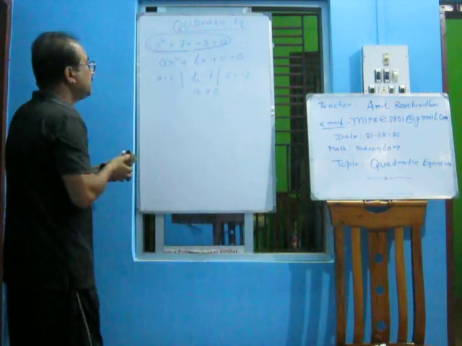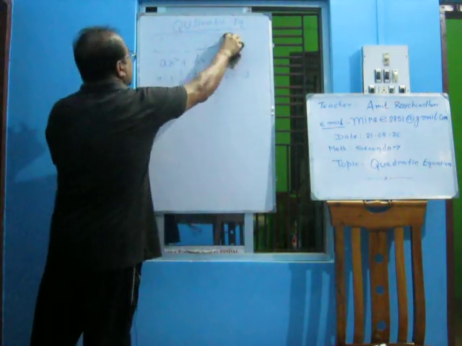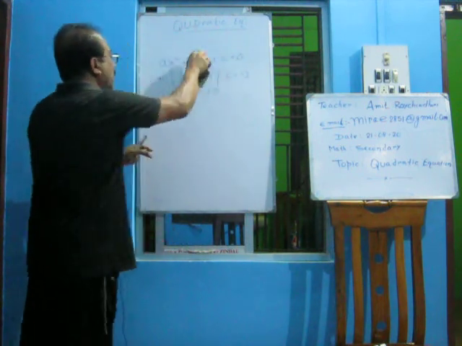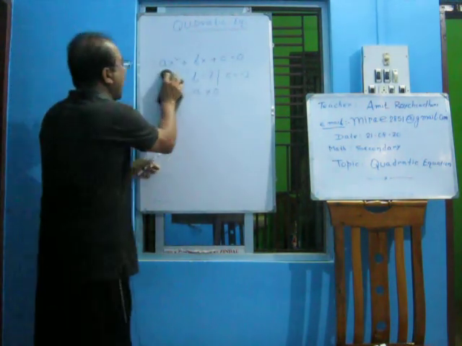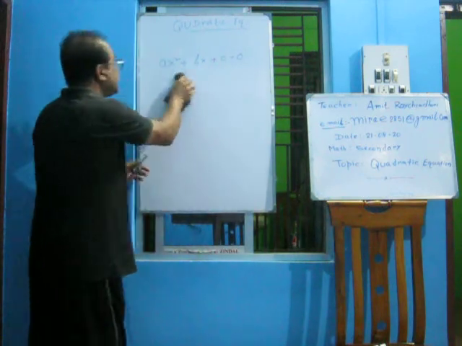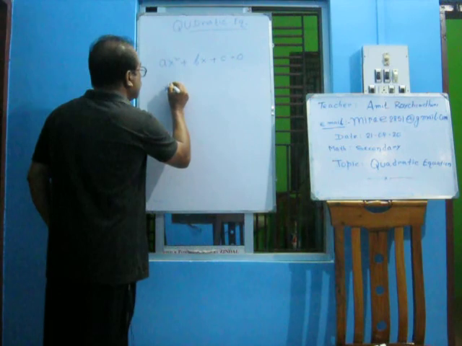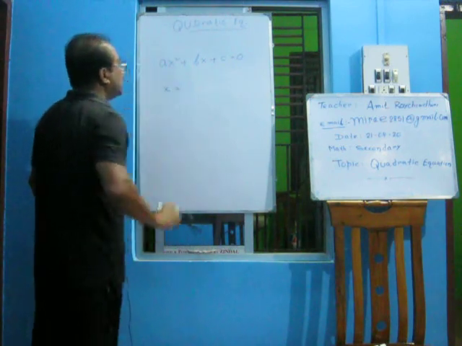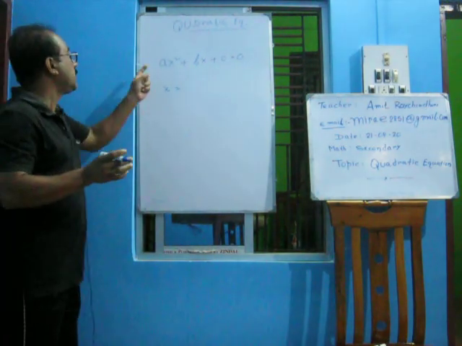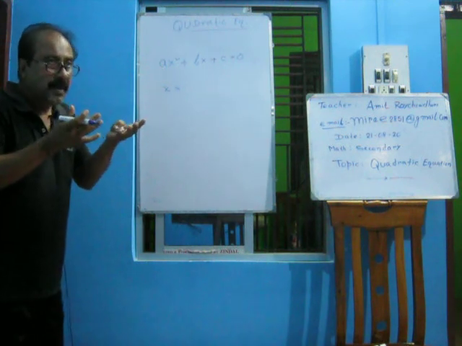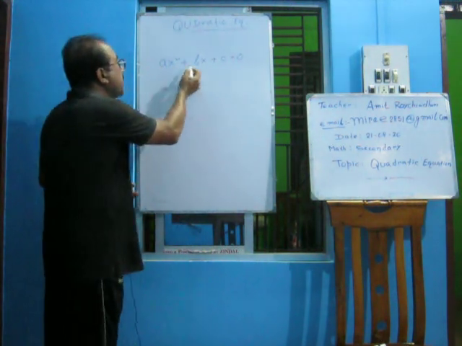And one more thing: this ax square plus bx plus c is a quadratic equation, and the value of x has two results, which are expressed in terms of a, b and c.